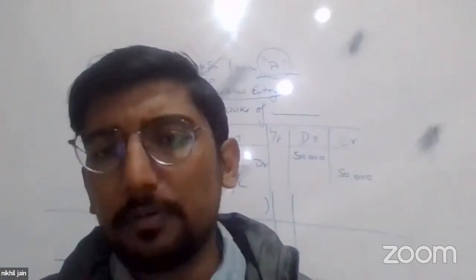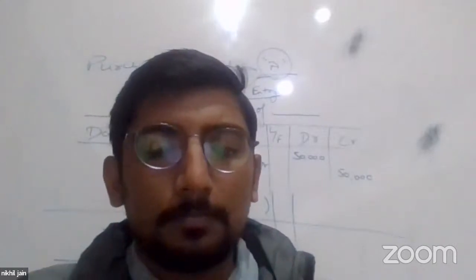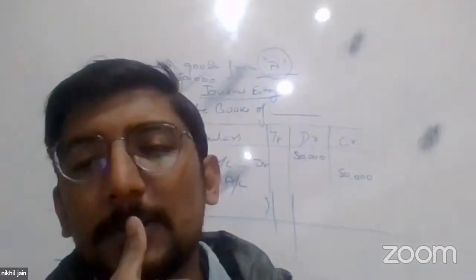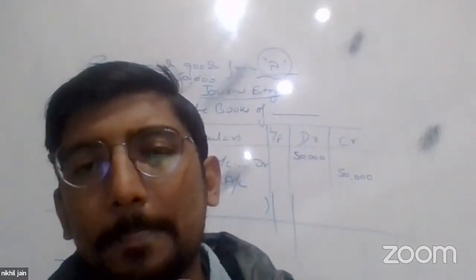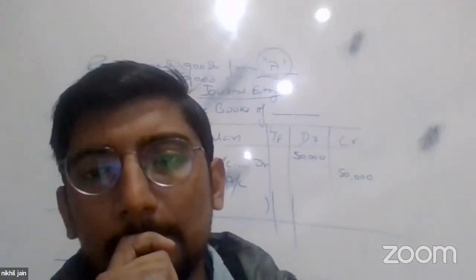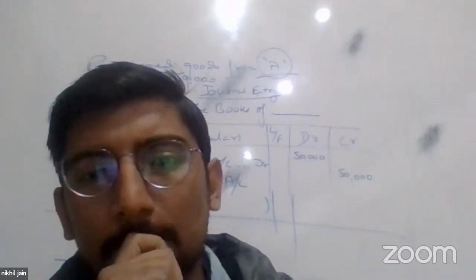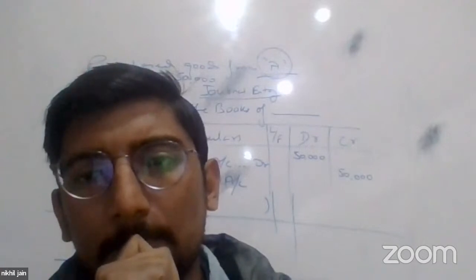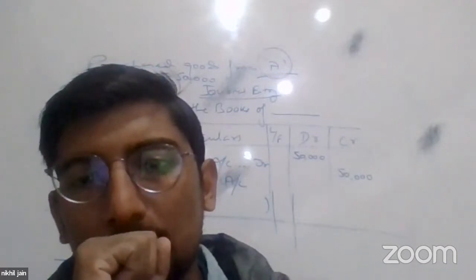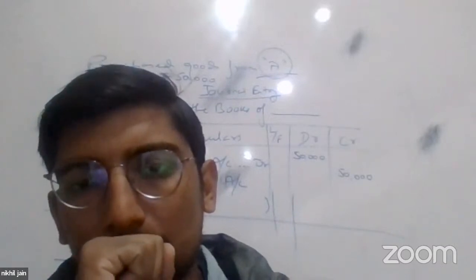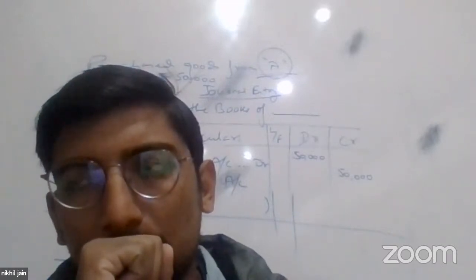Is there any confusion? I think one thing needs to be elaborated: when a journal entry is too long and my copy's margin is too short to write the entry, then in such a case the entry will be shown on another page, that means the back side of the page.